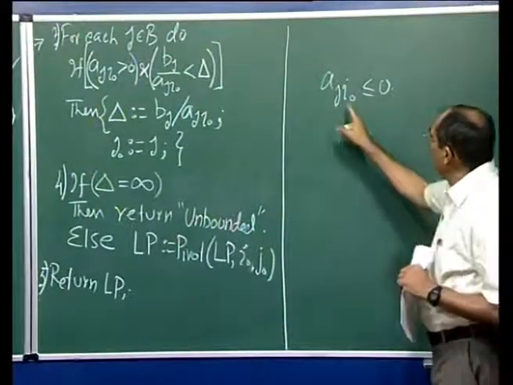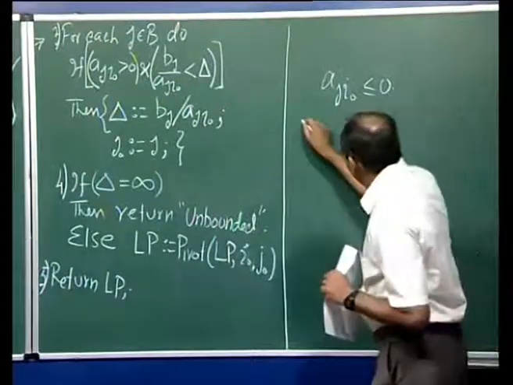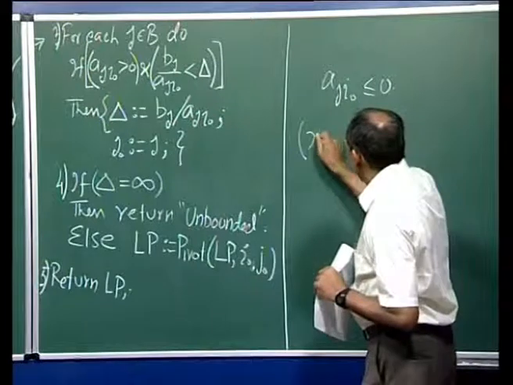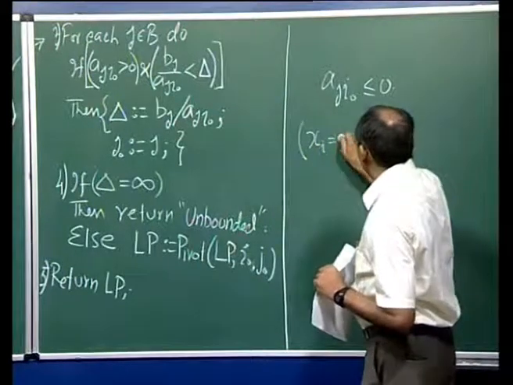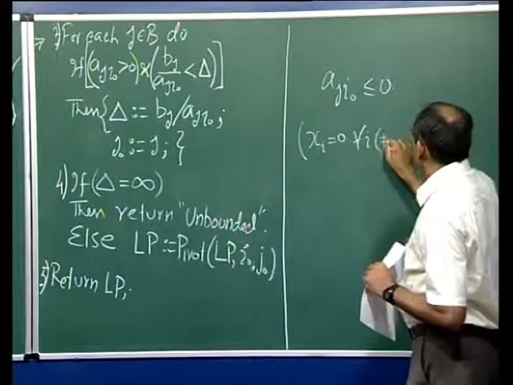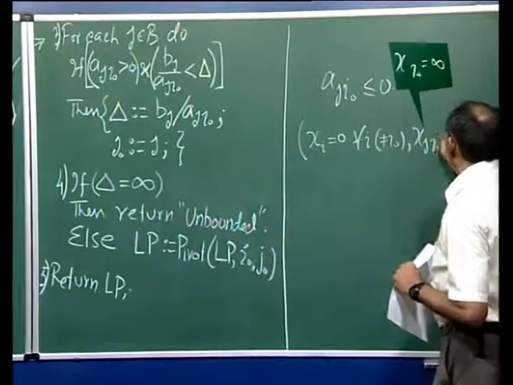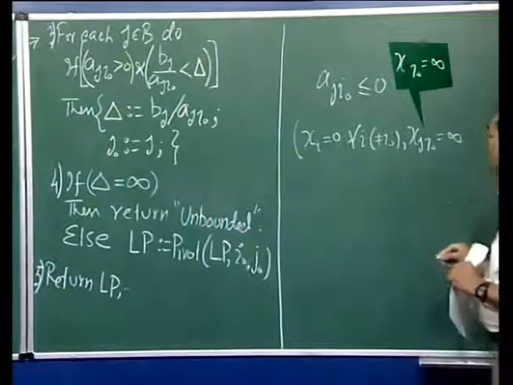Yesterday we noticed that when this happens, then xi equal to 0 for all I other than I naught, x I naught equal to infinity.